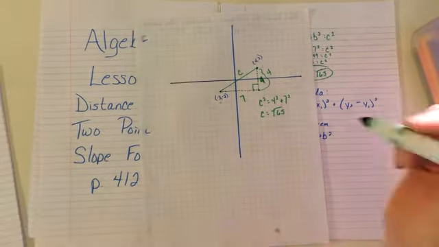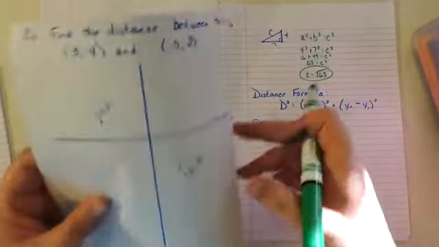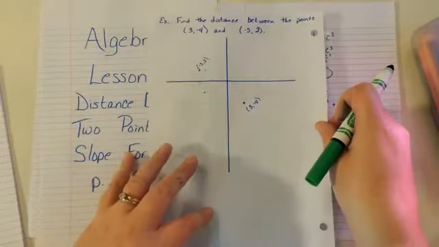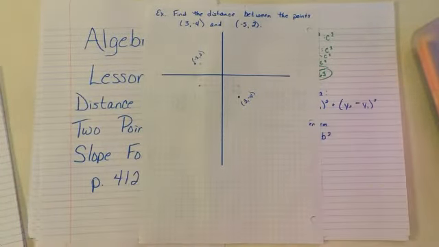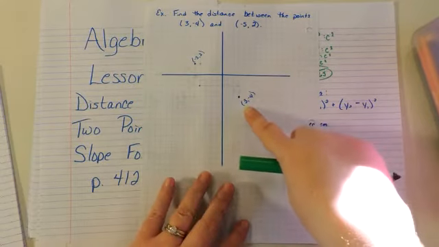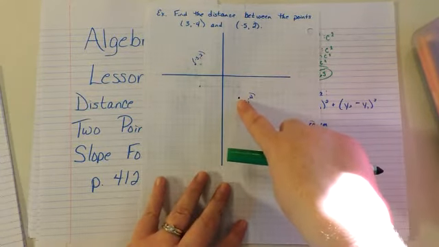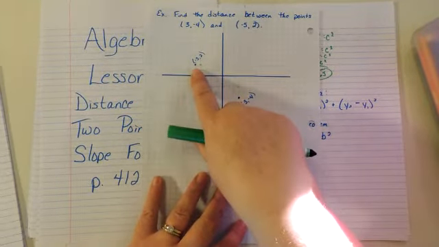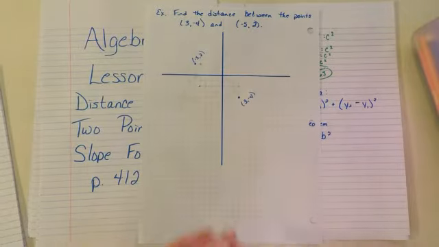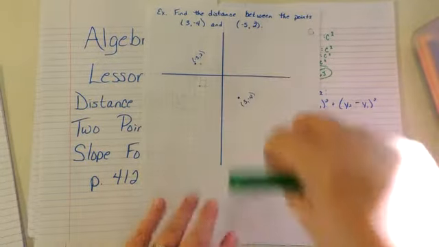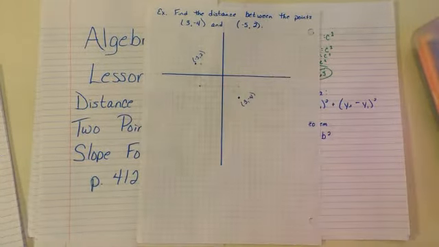Okay, so let's try another one. Find the distance between the points (3, -4) and (-5, 2). I've graphed the 2 points. We're going to draw a straight line between them.